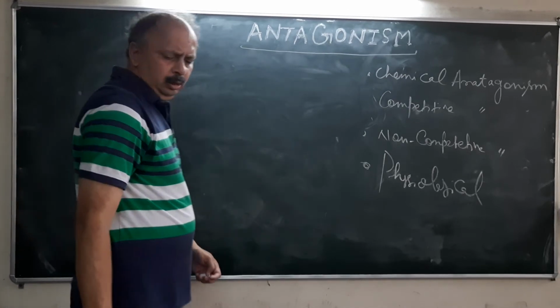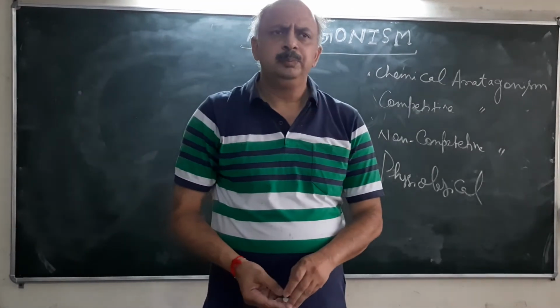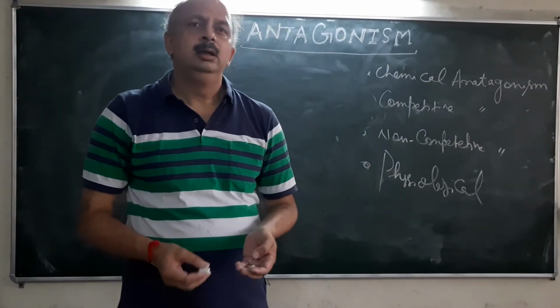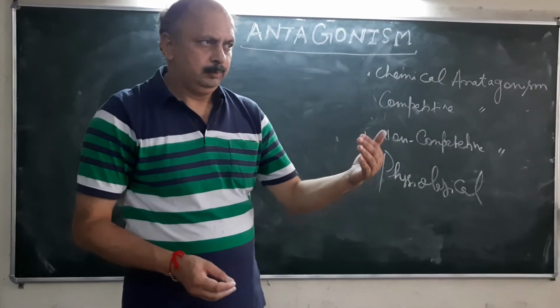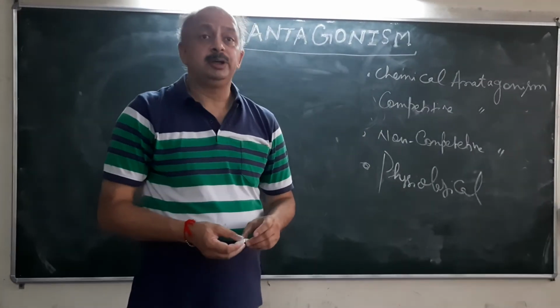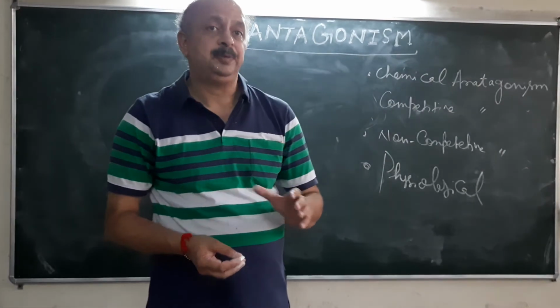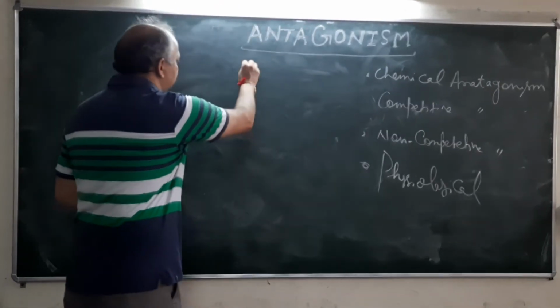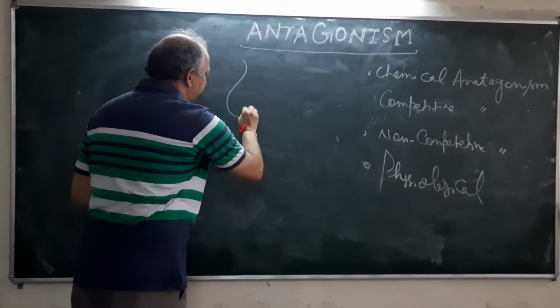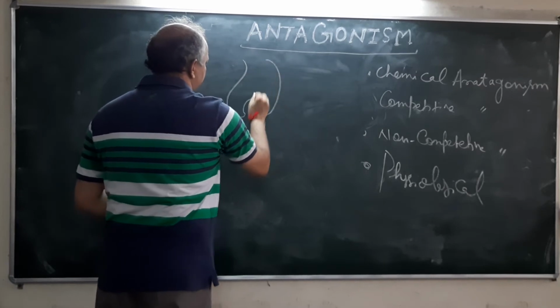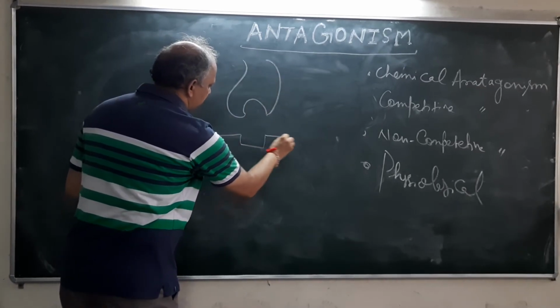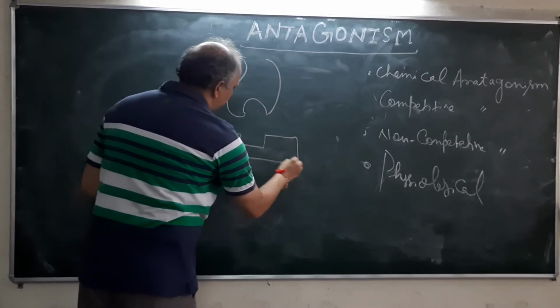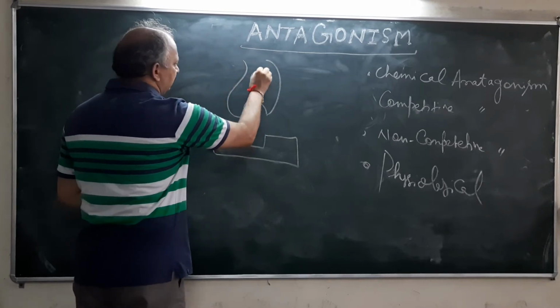Here, in non-competitive antagonism, at the neuromuscular junction there are some receptors. So this is the presynaptic neuron, this is the postsynaptic neuron and neuromuscular junction.